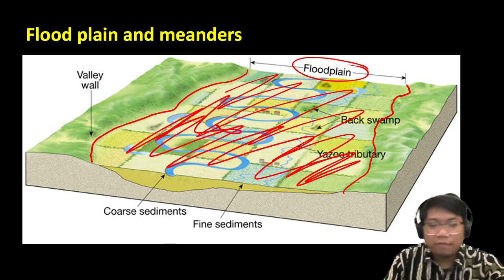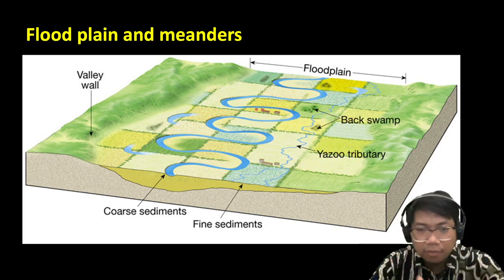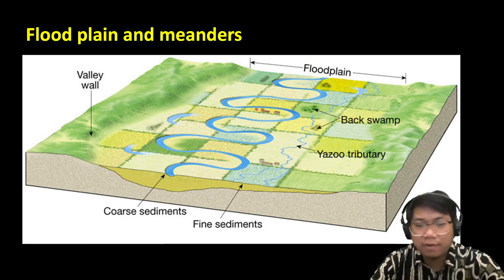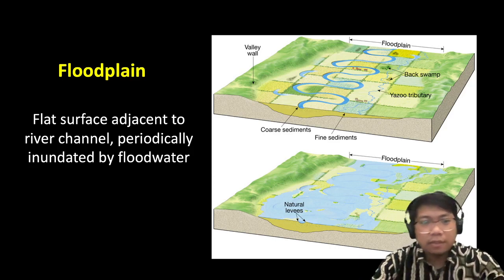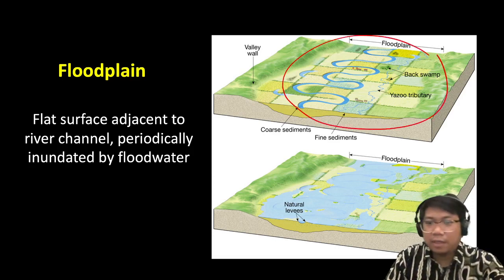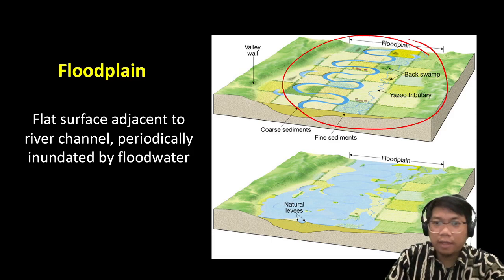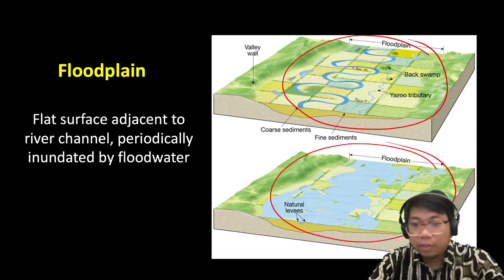So again, floodplains are low-lying flat areas that surround the main channel of a meandering river, and these areas are the ones that will get flooded during, say, storms or during any types of events that cause an anomalously high amount of water. Okay, so as you can imagine here, this will be the dry normal days, and this will be during floods, maybe during storms.